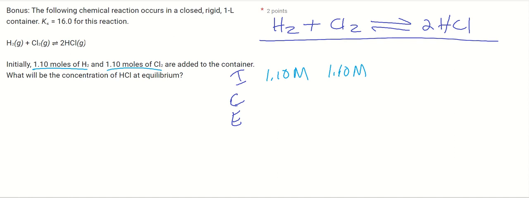They're added to the container. That means there's none of this stuff here yet. Initially, there's no products. It hasn't started yet. What's the concentration of HCl? This is what we're looking for at equilibrium.